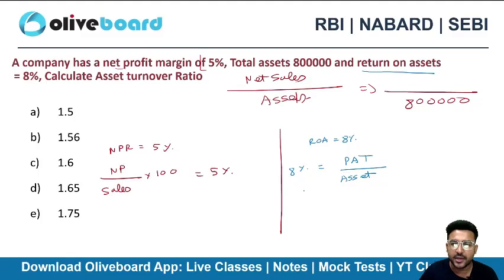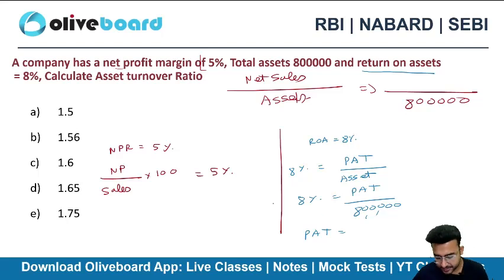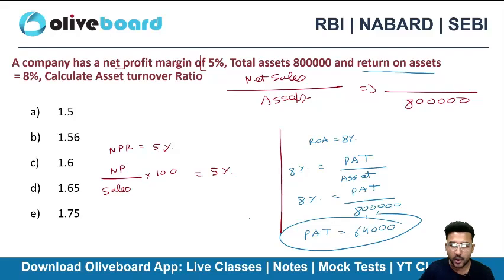And here I know my asset amount, which is 8 lakhs. So can I say that my profit after tax will be 8 lakh multiplied by 8% here, which is 64,000.